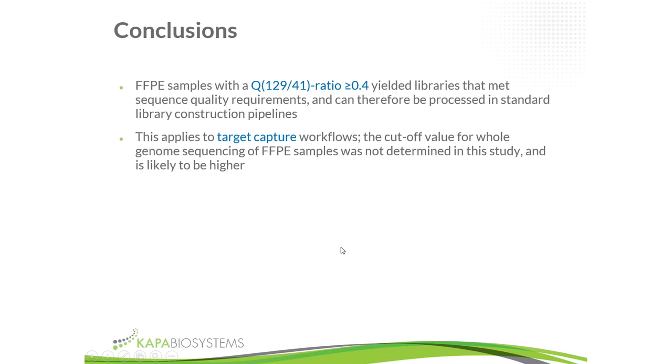And so what we concluded from these two data sets is that FFPE samples with a Q ratio determined with the 129 and 41 base pair primer sets of 0.4 or higher yield libraries that have a good chance of success when processed in a standard pipeline together with high quality samples. Please remember that this applies to target capture workflows, and so the cutoff we expect for whole genome sequencing, for instance, would be a little higher and wasn't addressed in the study.